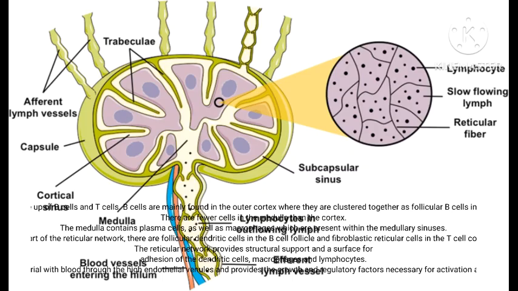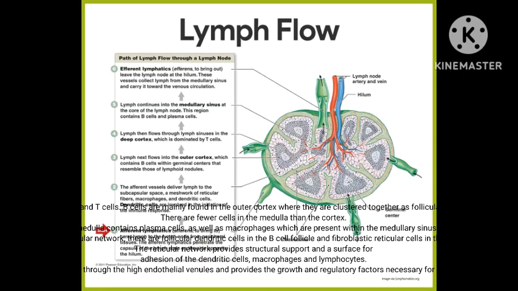Lymph nodes contain lymphocytes, a type of white blood cell, and are primarily made up of B cells and T cells. B cells are mainly found in the outer cortex, where they are clustered together as follicular B cells in lymphoid follicles, and T cells and dendritic cells are mainly found in the paracortex. There are fewer cells in the medulla than the cortex.